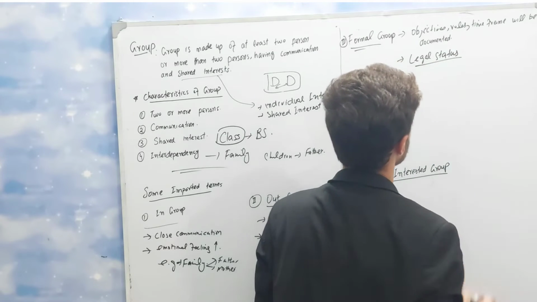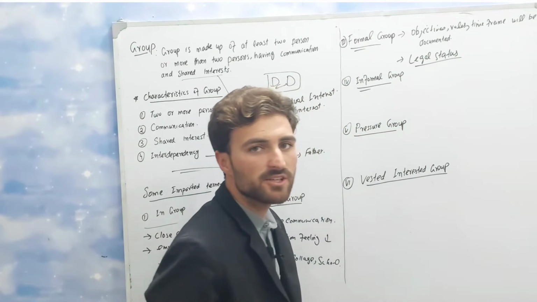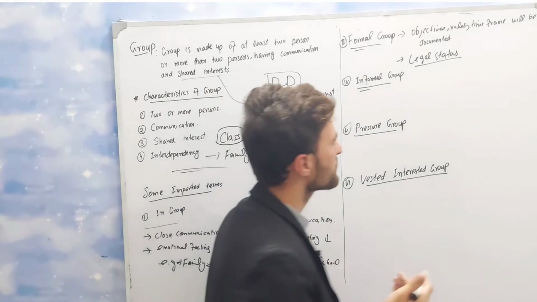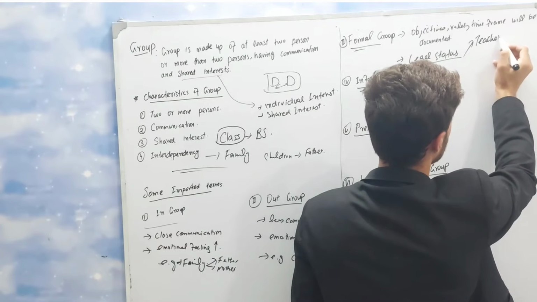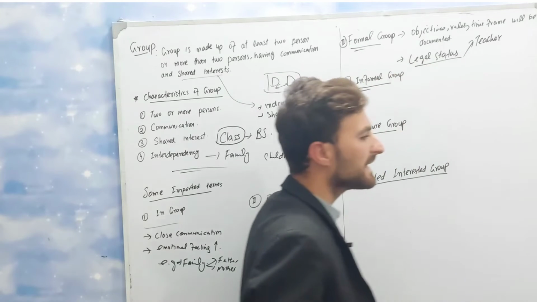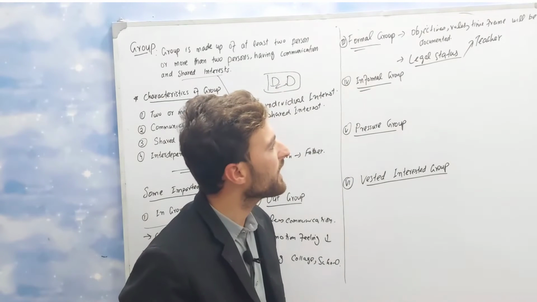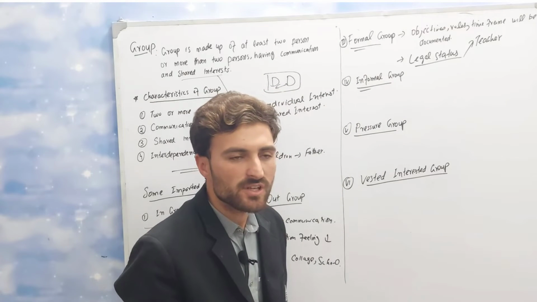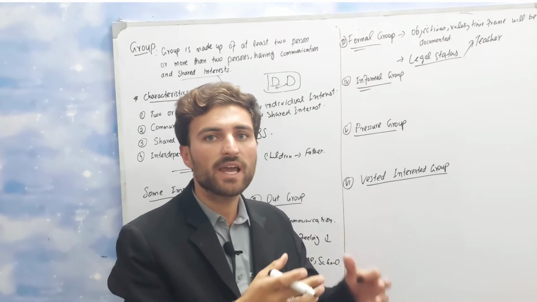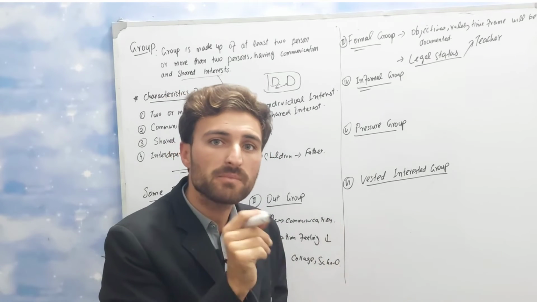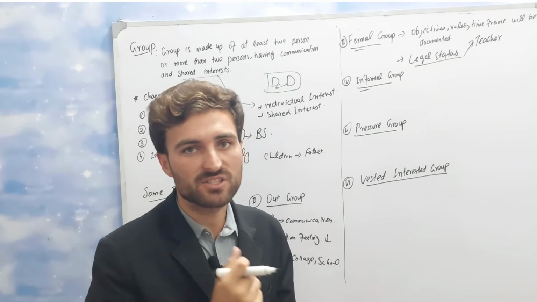The second thing which is very important is legal status. There will be legal status for each and every person. Like a teacher has a legal status, so he will have a proper function and he must do that, and that is teaching.